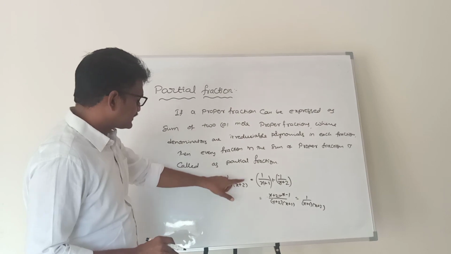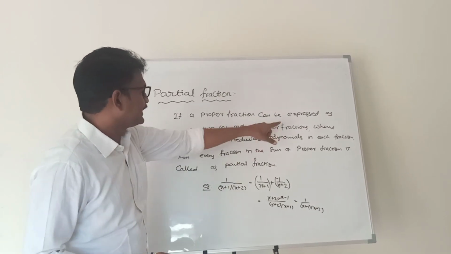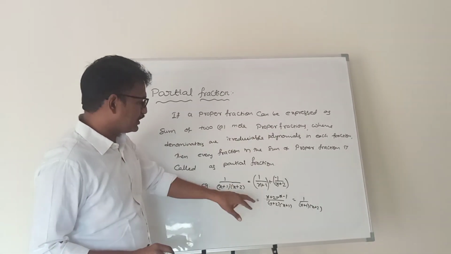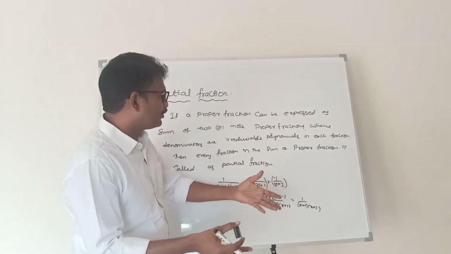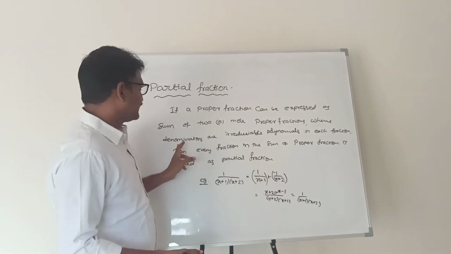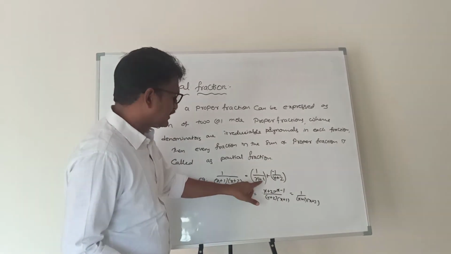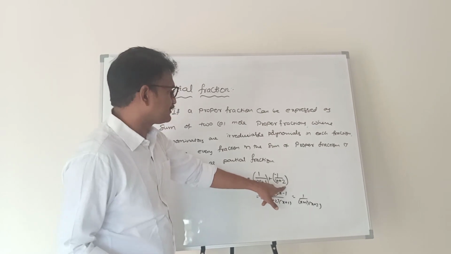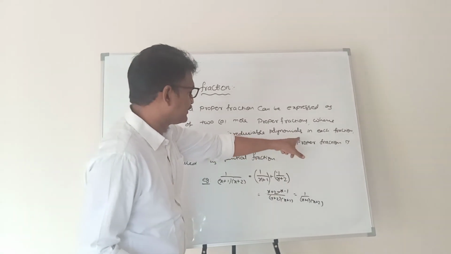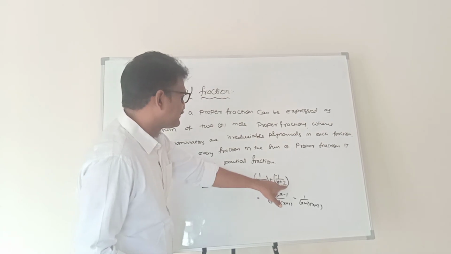If a proper fraction can be expressed as a sum of two or more proper fractions where denominators are irreducible polynomials, see, this x plus 1 is irreducible, x plus 2 is also irreducible. Denominators are irreducible polynomials in each fraction.